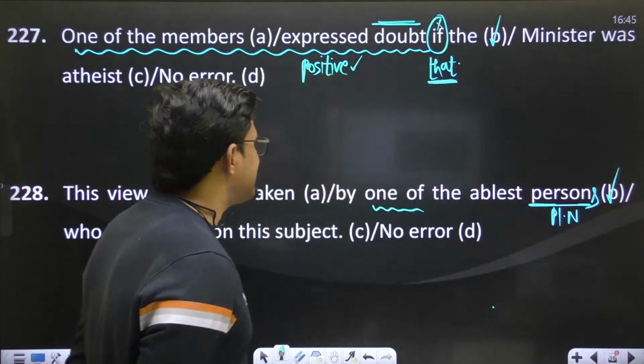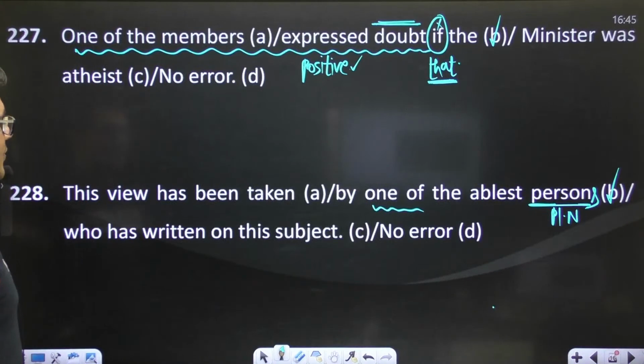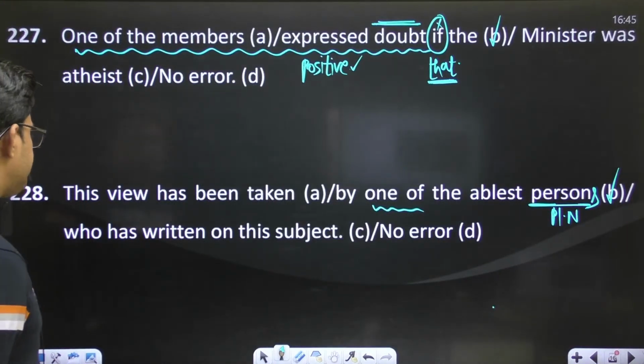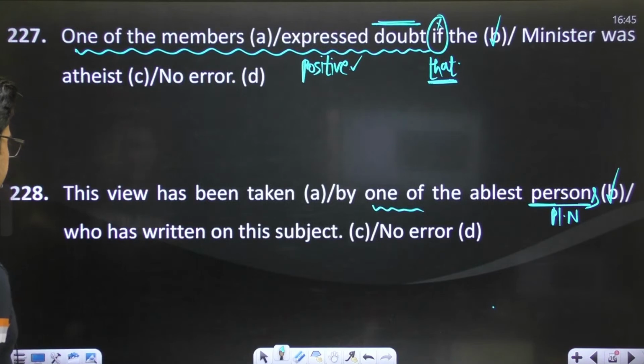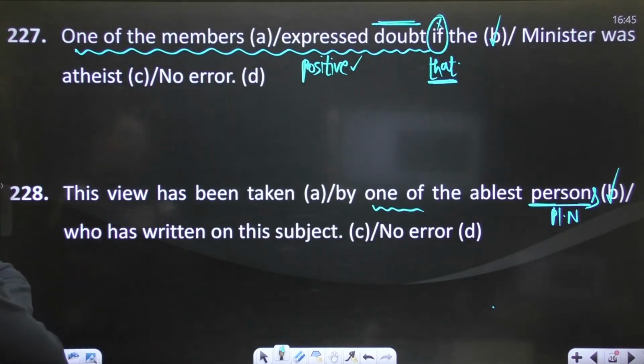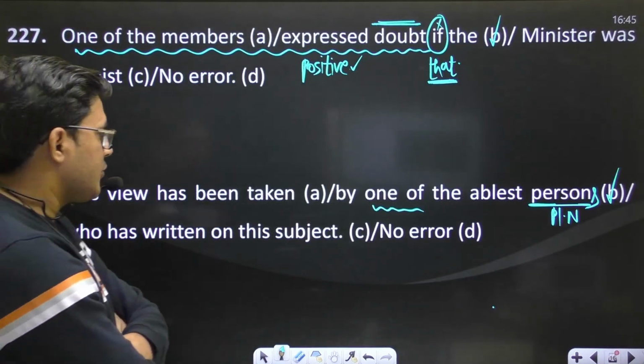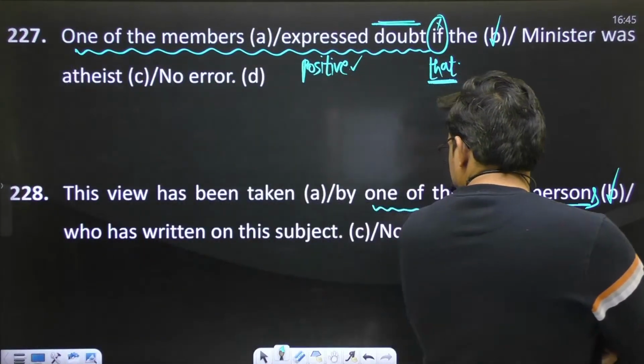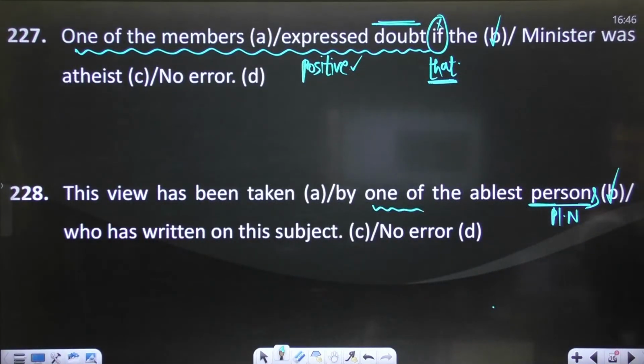One of the ablest persons who has written on this subject. But if you speak persons, you will have to use have.